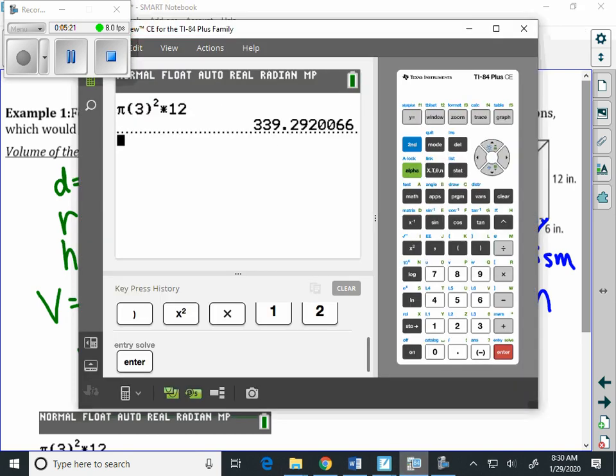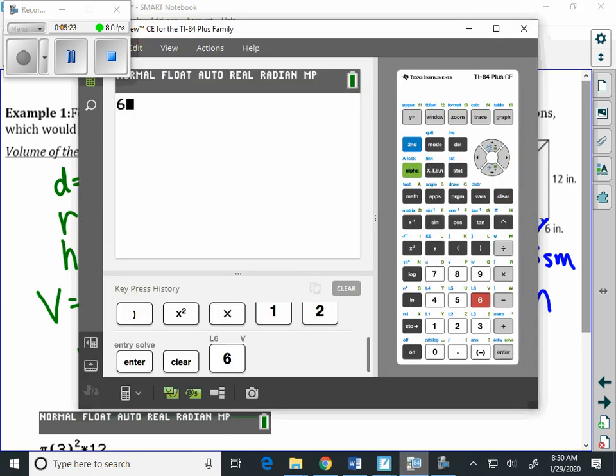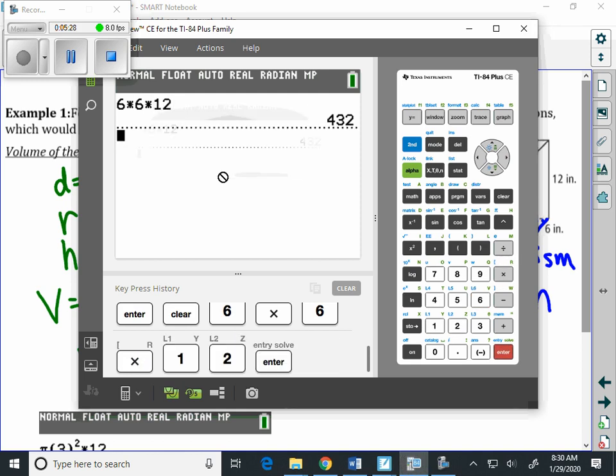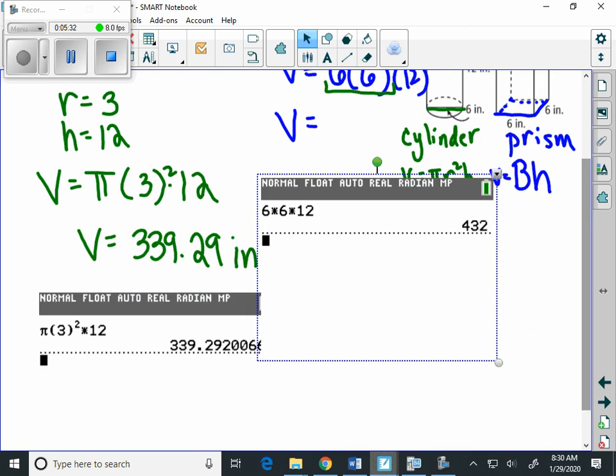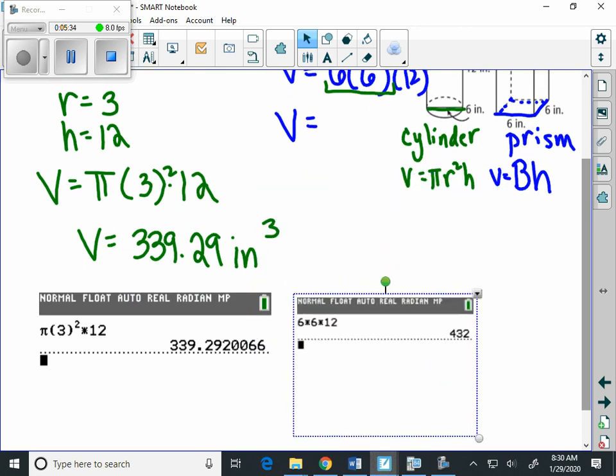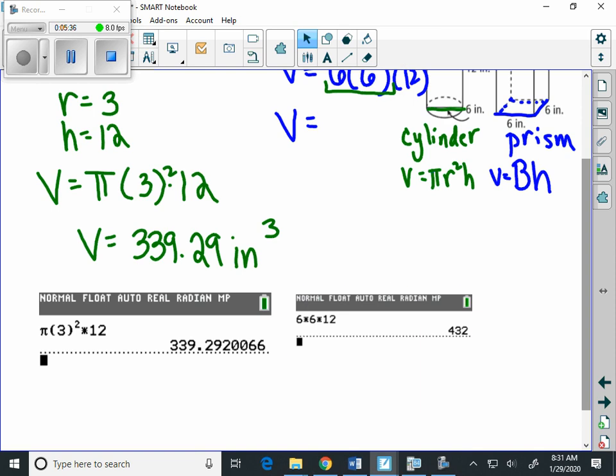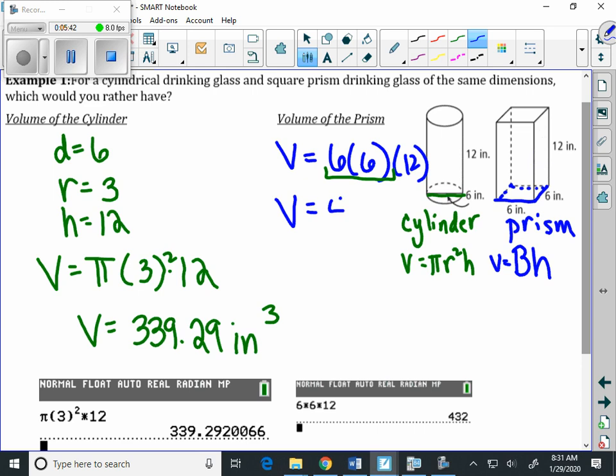So we type that in, 6 times 6 times 12, and when we fill that in, what we've got is 432. Again, volume is cubic inches.